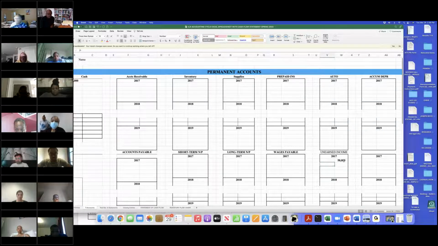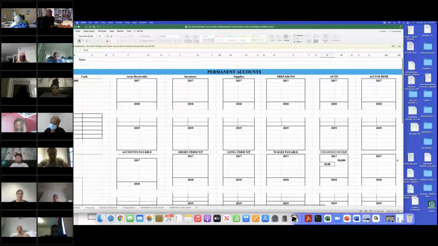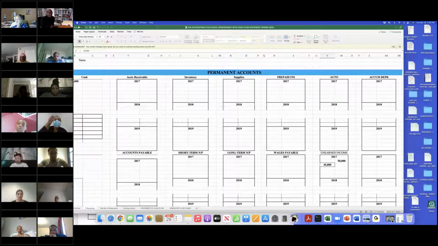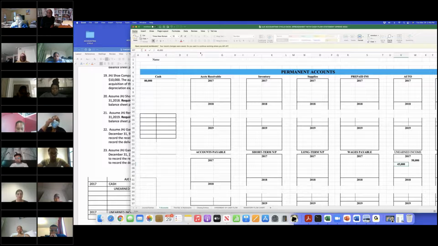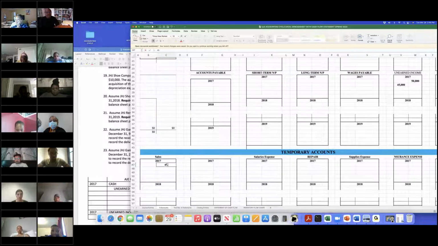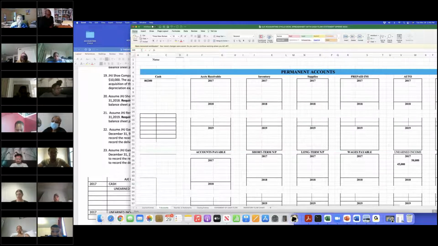Then when the customers picked up their games, nine hundred of them got them, we debit unearned income of 45,000, and the credit to sales is 45,000. So this is a good business to be in. You get your money in advance. You got the 50,000 in advance in that problem.